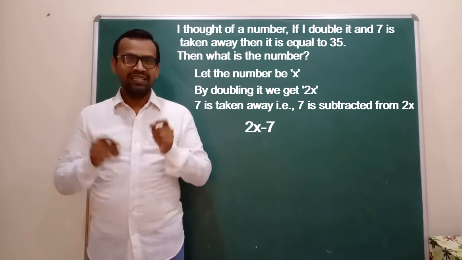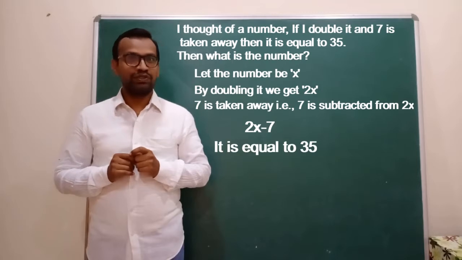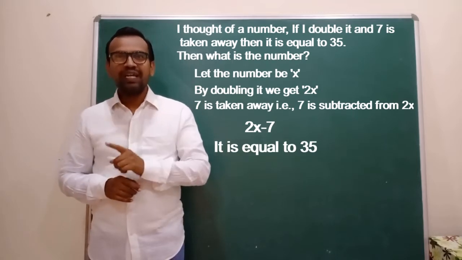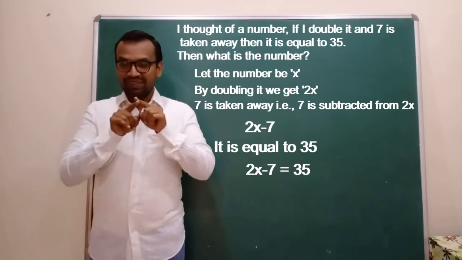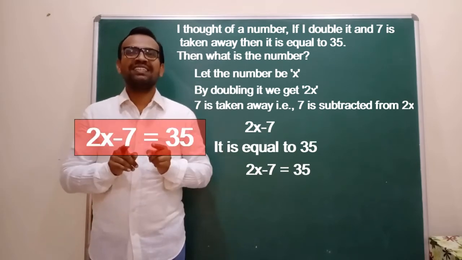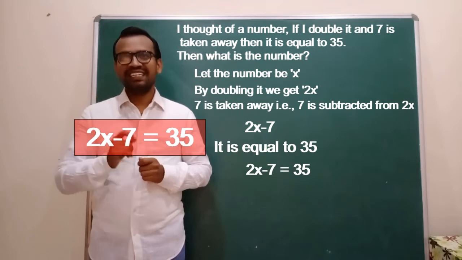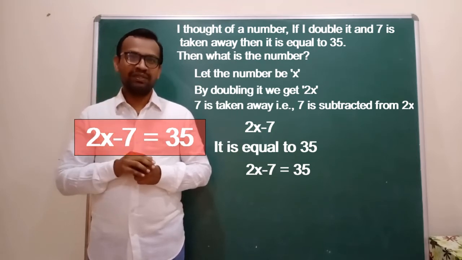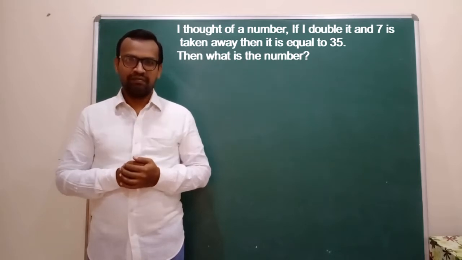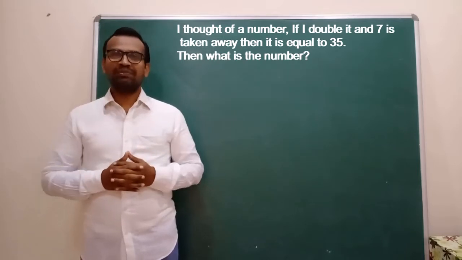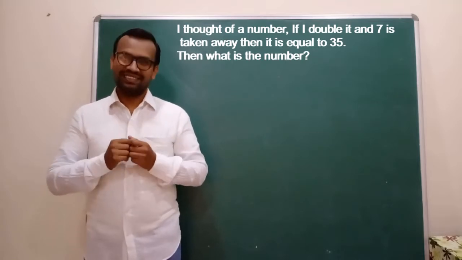According to Sagar, this is equal to 35. So it becomes 2x minus 7 is equal to 35. Now this 2x minus 7 is equal to 35 is called a linear equation in one variable or a simple equation. Now by solving this simple equation, we can tell what the number is.